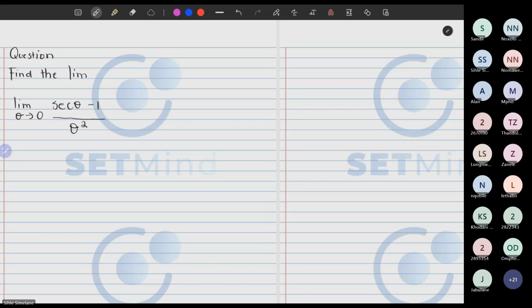Okay. So what we can do here, we have two things which we can possibly do. Under which section is this part? Limit. Can you please repeat?